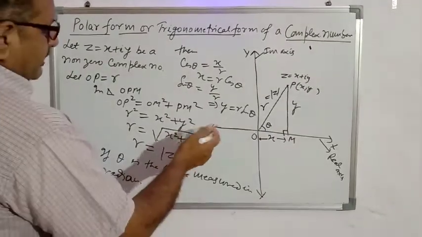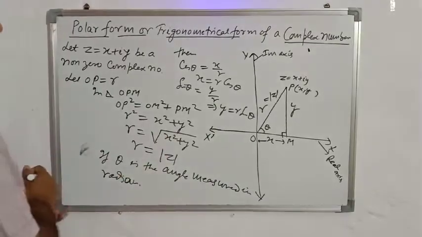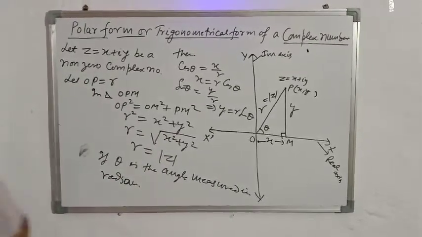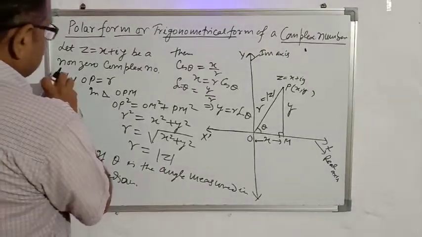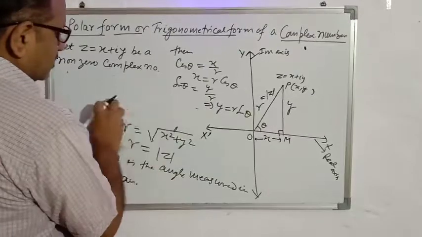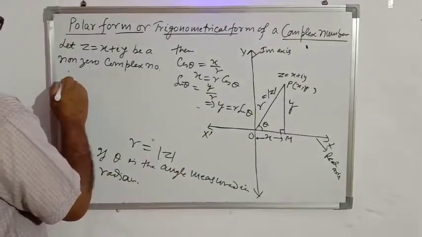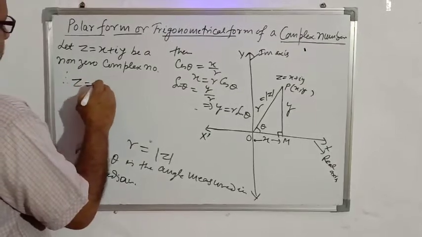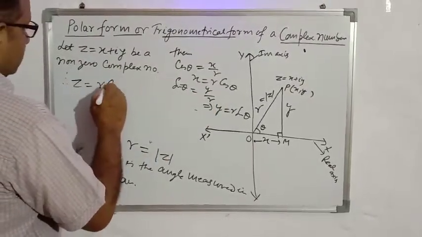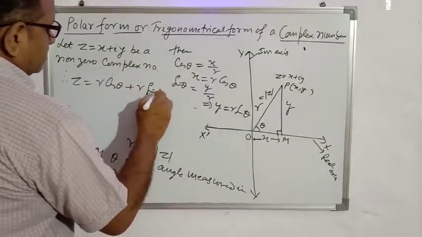And what is r here? r is mod of z, meaning under root x square plus y square. Therefore z is equal to x, meaning r cos theta, plus i times y, which is r sin theta.